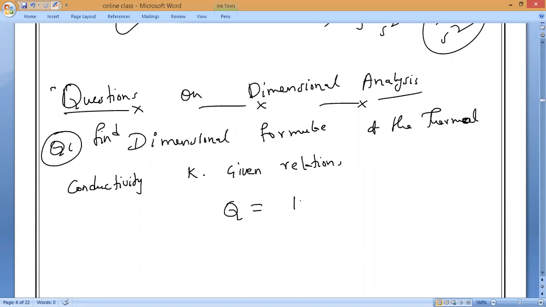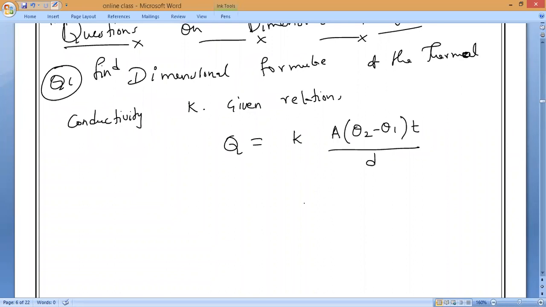Observe very carefully: Q is equal to K into A into (theta 2 minus theta 1) into T divided by D. Clear? So that is the given relation, and we have to find the dimensions of K.